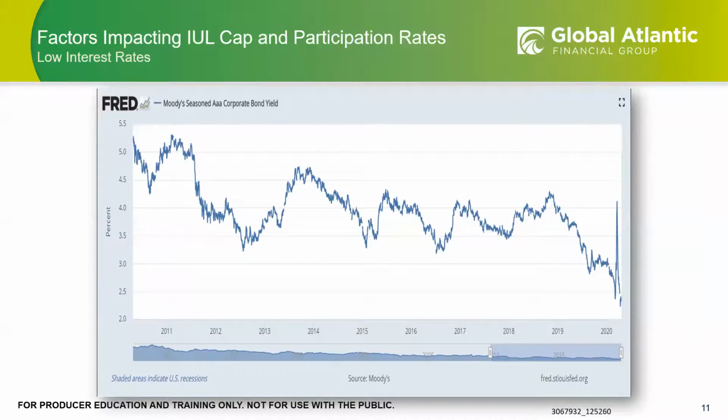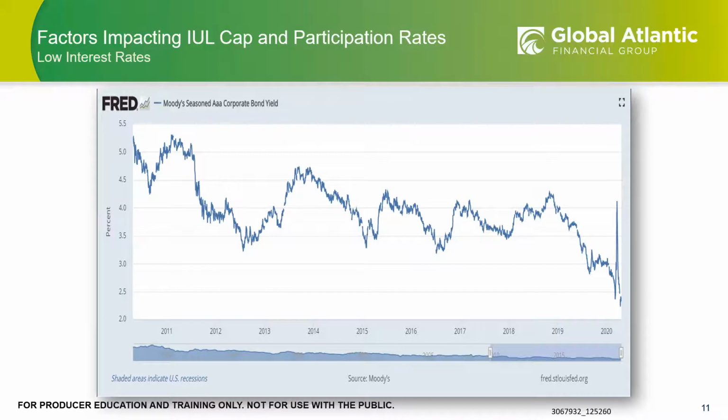This also comes into play when we talk about how much money we have in our option budget to pay for a cap or a participation rate on an IUL. As interest rates have gone down, our ability to earn a higher rate of return with those fixed assets has decreased. So the amount of money that we need to reserve or hold back to pay for the guarantees in the products has increased, because we can't generate as much of a return in the lower interest rate environment that we're currently in.